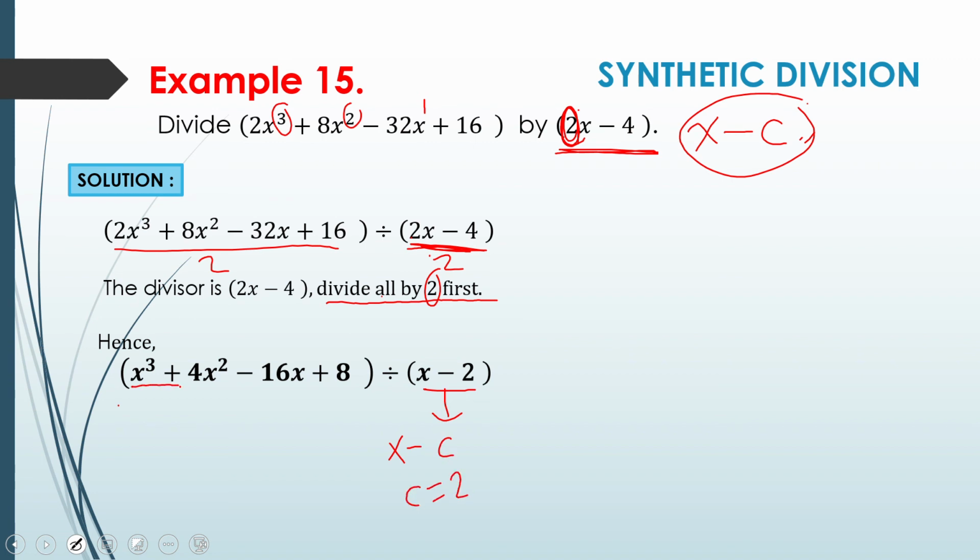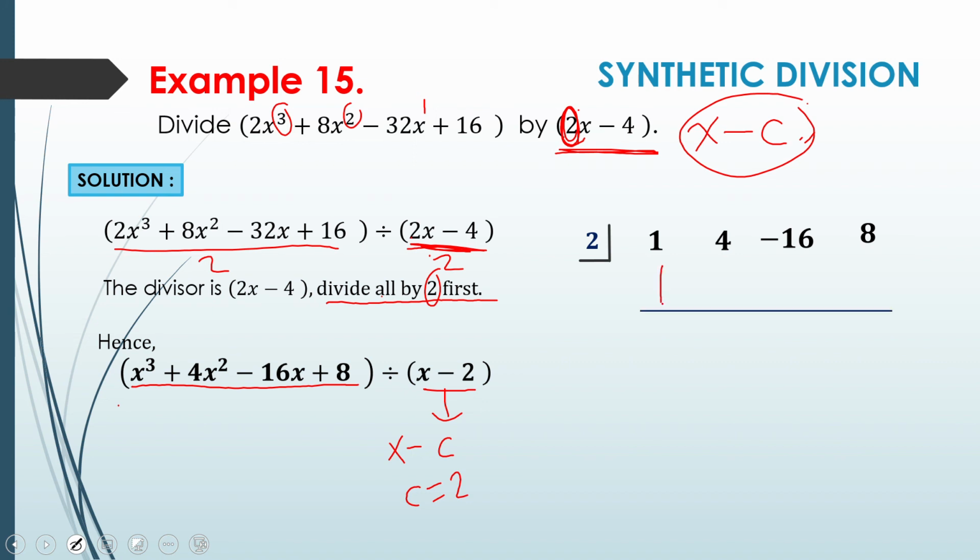So we will start with the coefficient of this one, x cubed plus 4x squared minus 16x plus 8. So coefficient of x cubed is 1, coefficient of 4x squared is 4, coefficient of minus 16x is minus 16, and then the 8 and your value of c, which is 2.